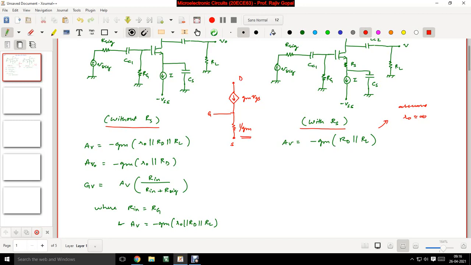That is why when analyzing the common source amplifier with Rs, I use a T model. So AV here will turn out to be minus GM into RD parallel RL divided by 1 plus GM into Rs.